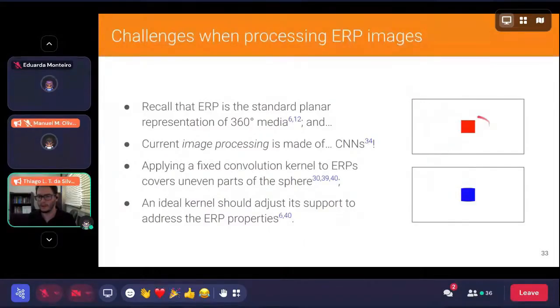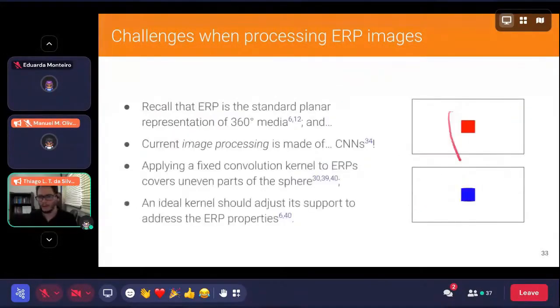Here we have a convolutional kernel or a filter kernel, any filter kernel. Here it's aware of the distortion. Here it's not aware of the distortion. Here it's aware of the distortions. I don't know if you can see from there, but we have like a belly here, but they are pretty similar to me, and this adaptation is worth it or not.